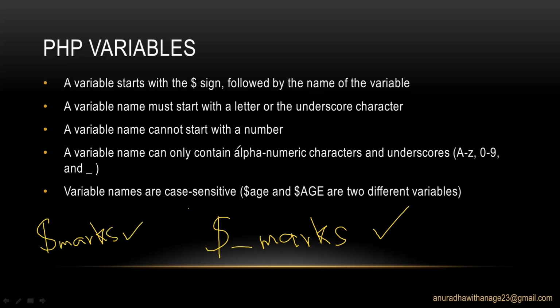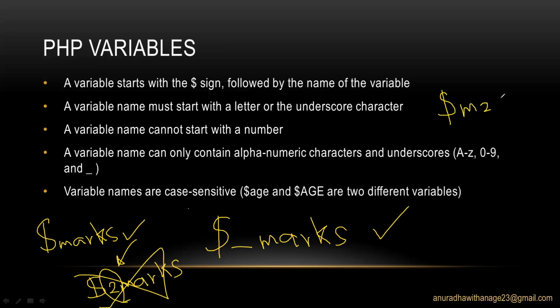Now if I write another variable name like dollar 2marks, you can't write it like this, because after the dollar sign it should start with an underscore or a letter. You can't use a number here. This is incorrect. But if you write the number in between, that is okay.